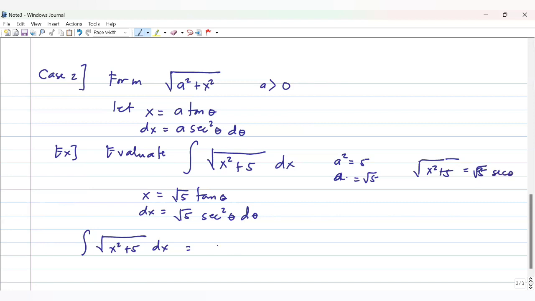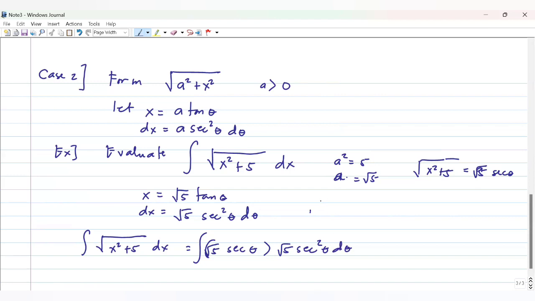So that will be square root of 5 secant theta, and then your dx is, integral, that will be square root of 5 secant squared theta d theta.